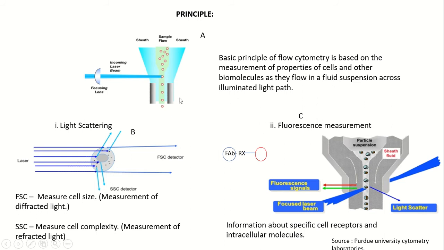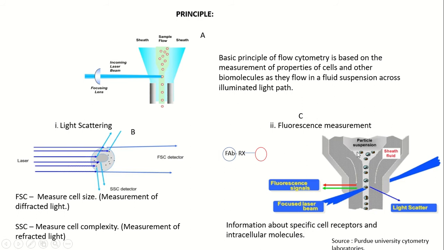Other than these two aspects, the third aspect is fluorescence. Say we want to know about the presence of a particular receptor, say the XR receptor. This is my single cell suspension, where many cells are present, but not all cells have this XR receptor.